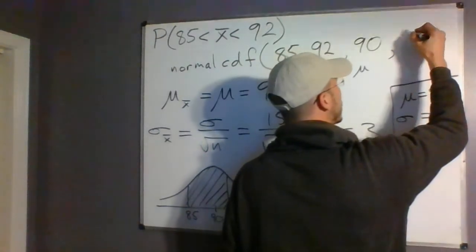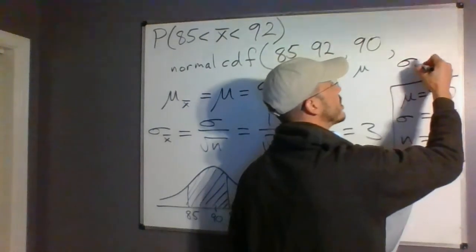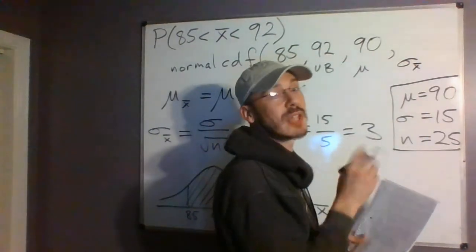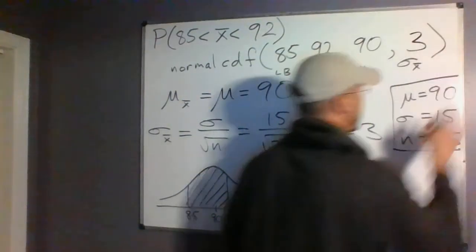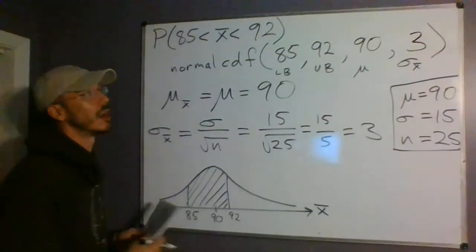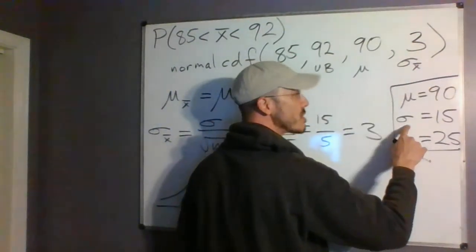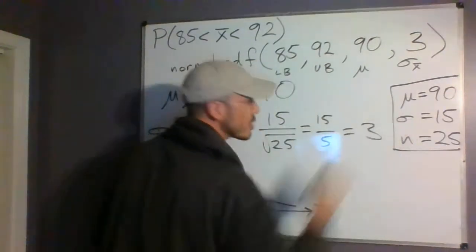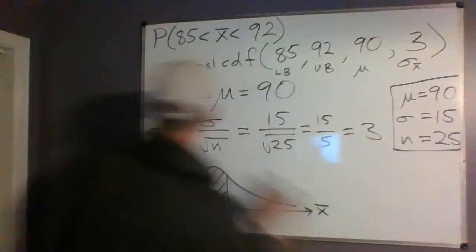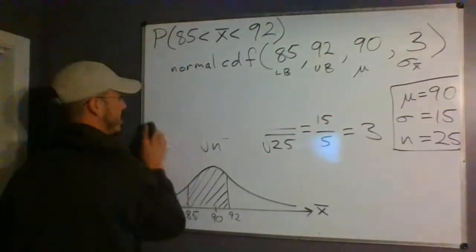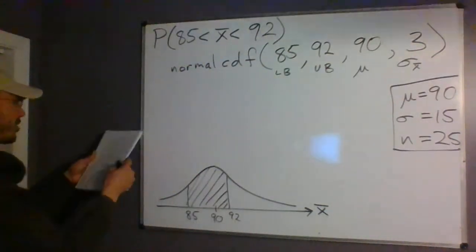But here, for the standard deviation, it's not the standard deviation, it's the standard deviation of the sample means. That is 3, not 15. That's why I'm very careful to use the sigma x bar notation and not sigma. I already used sigma. You could call it sigma x, but it's just, you can call it sigma. And that's the expression that I want to put into my calculator normal CDF program.